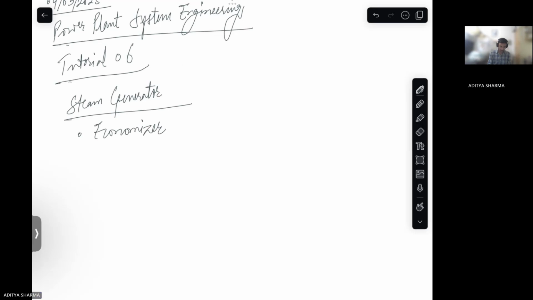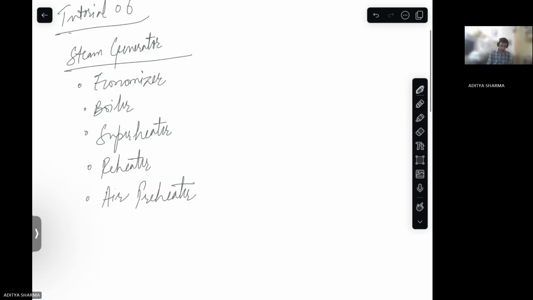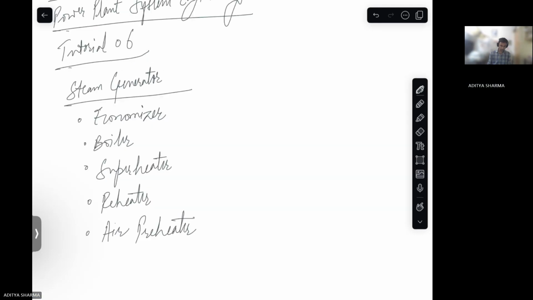So we have economizer, then we have a boiler, then we have a superheater, then we have a reheater, then we have an air preheater. Okay, we can take steam drum and boiler also.